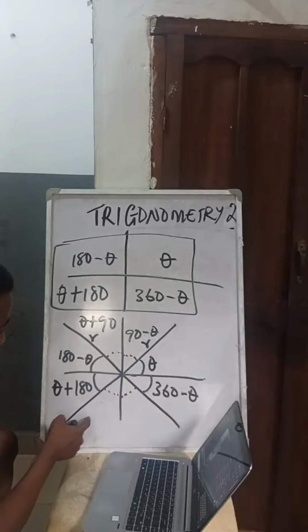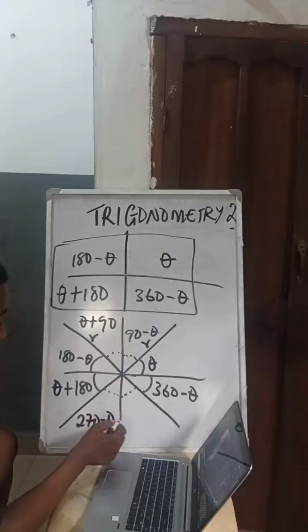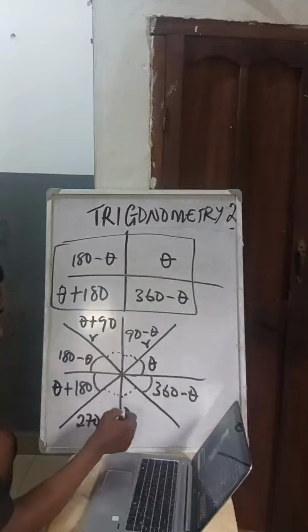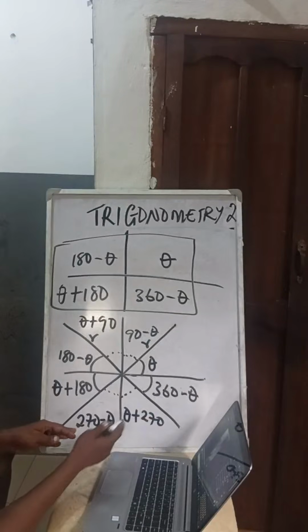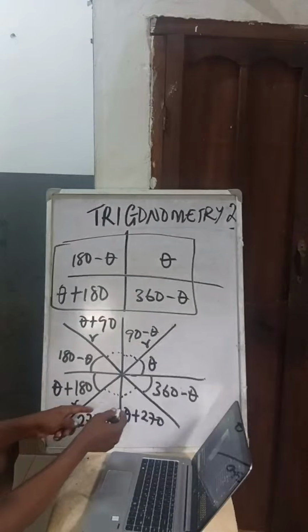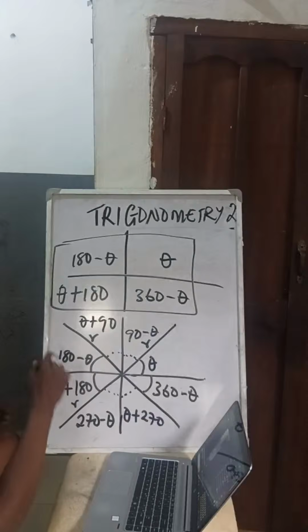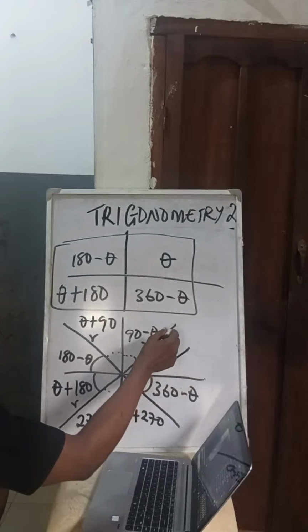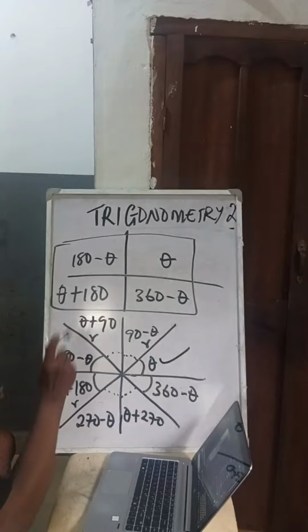Do you know what you have here is 270 minus theta? Do you know what you have here is theta plus 270? But you don't need it because these are angles made with the vertical. So the one that is made with the vertical is not needed. The angle the radius makes with the horizontal is the one taken.